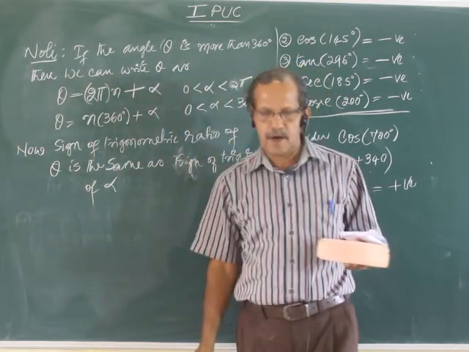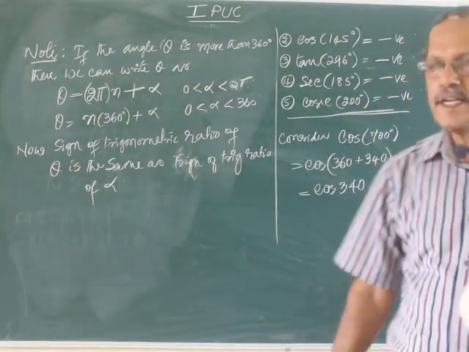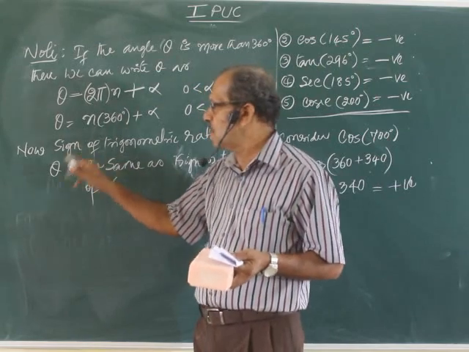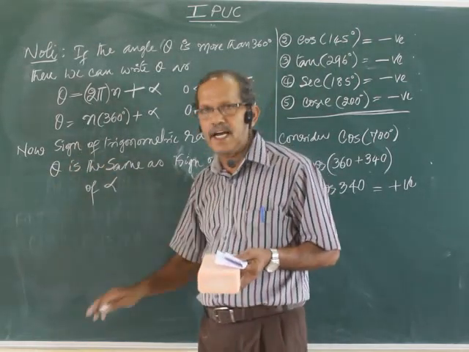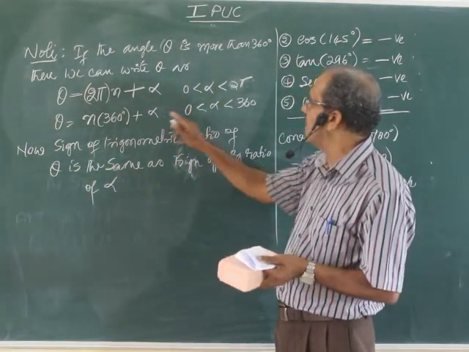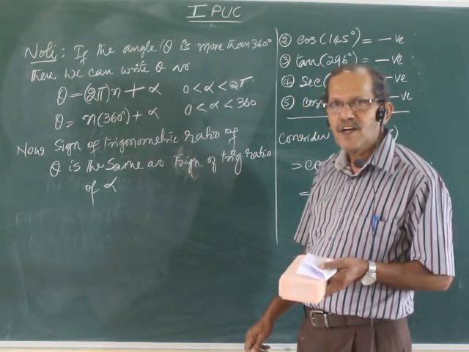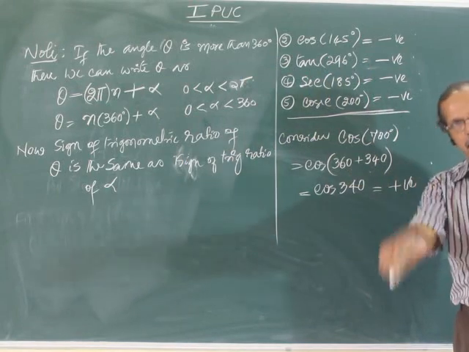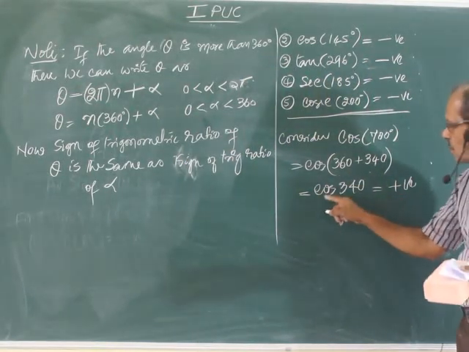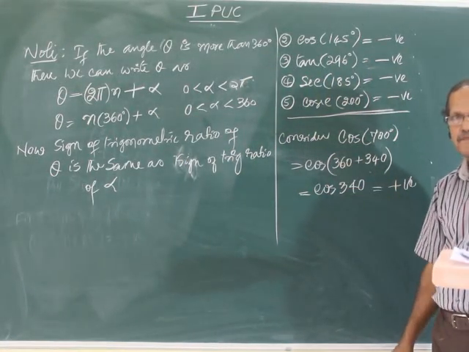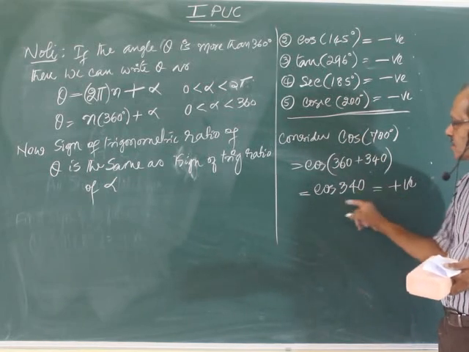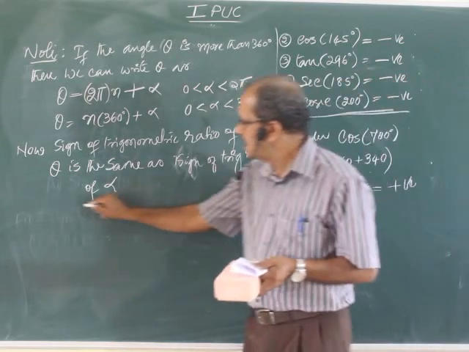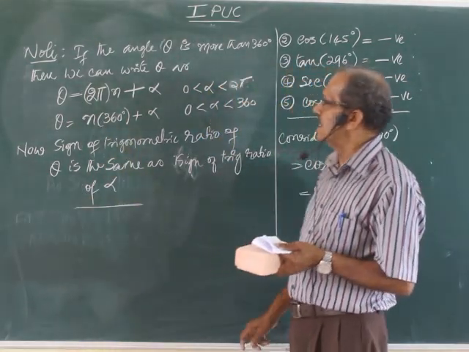This is very important. The trigonometric function, sine, cos, tan, whatever it may be, of theta is the same as that of the angle alpha. Sine or cos of 700 is the same as sine or cos of 340. This is plus because cos 340 is plus. This is the note you have written.